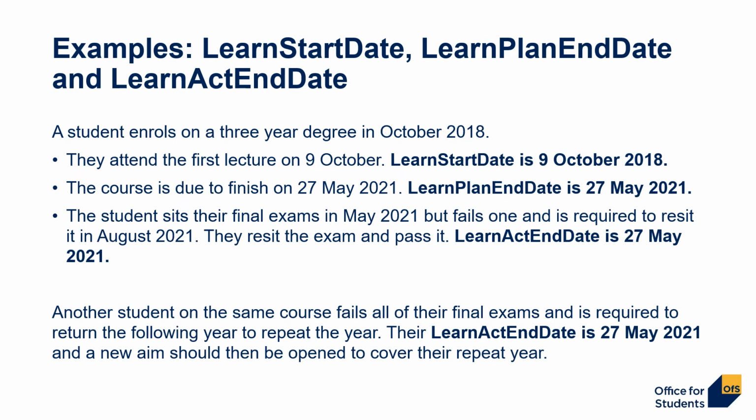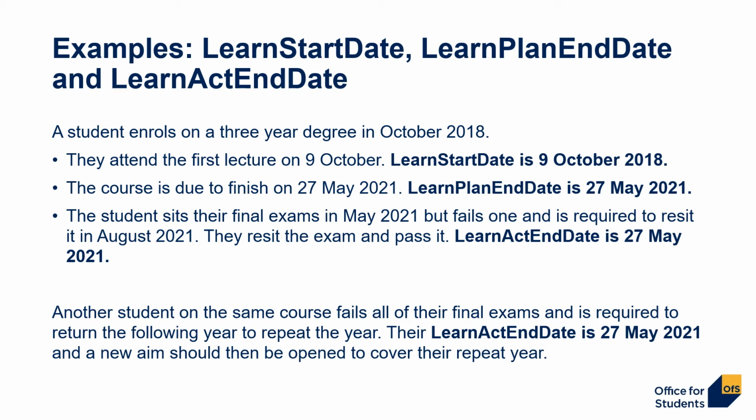Okay, so our final example here. So we have a student that enrolls on a 3-year degree in October 2018. They attend their first lecture on the 9th of October, making that their LearnStartDate, and the course is due to finish on the 27th of May 2021, and that makes that their LearnPlanEndDate.